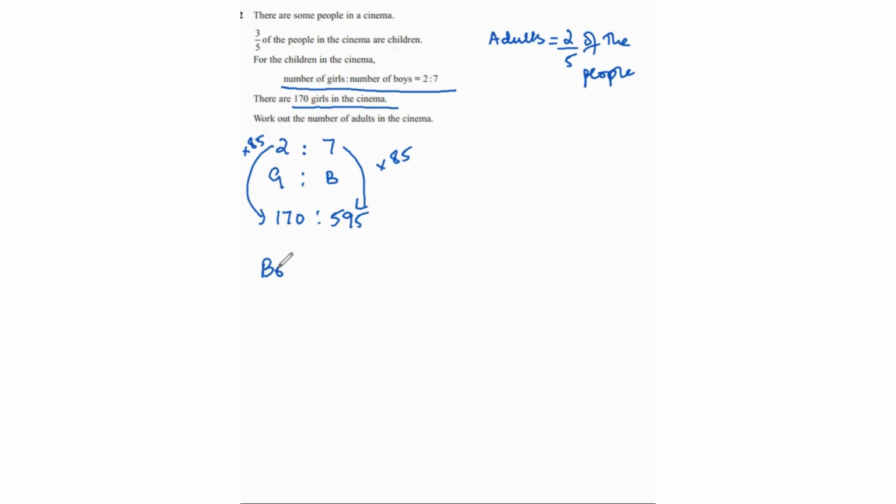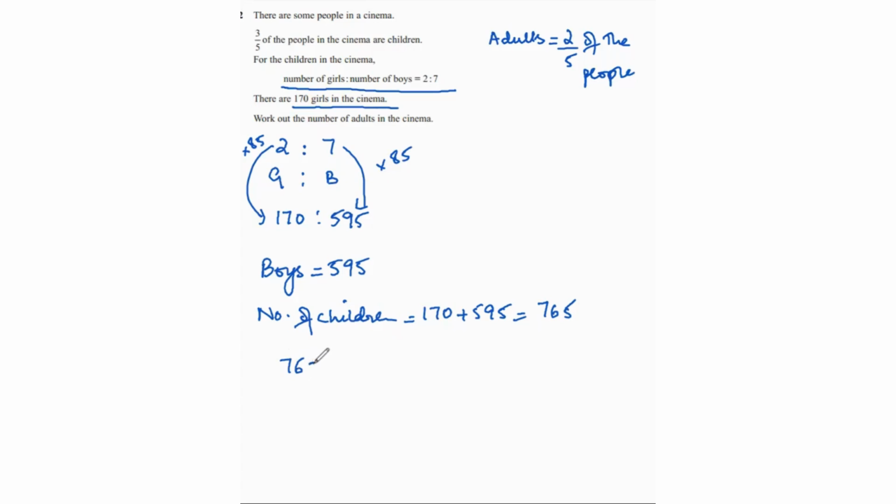So boys are 595. Now, if we know the number of boys and girls, that's basically the number of children. So the number of children is going to be 170 plus 595, which gives us 765.